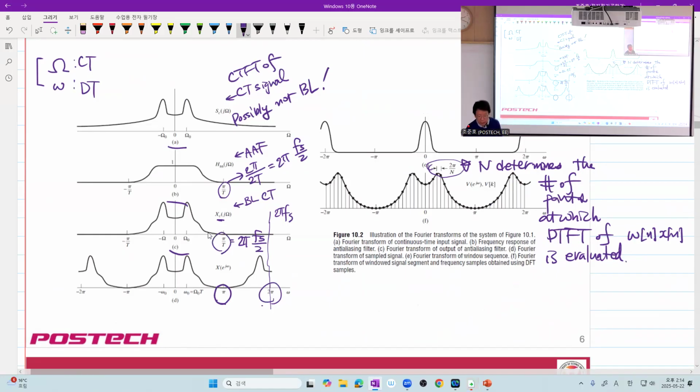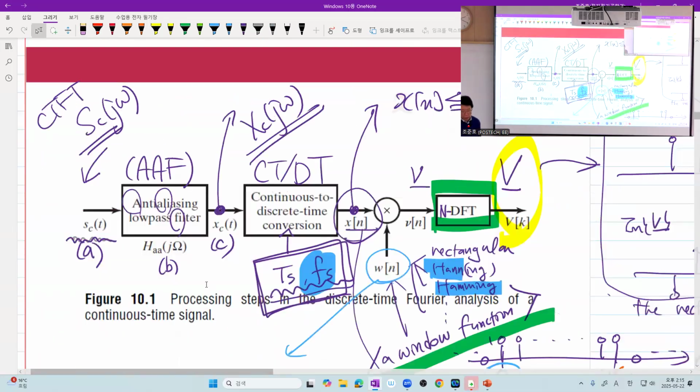Pi over T radians per second, which is 2 pi times half the sampling rate, radians per second. So half the sampling rate in hertz. Got it? And of course, you have this repetition for spectrum folding. So here we are now up to this point D. Got it?